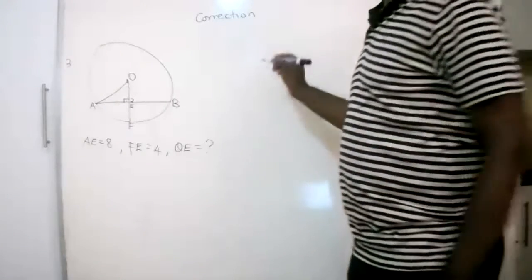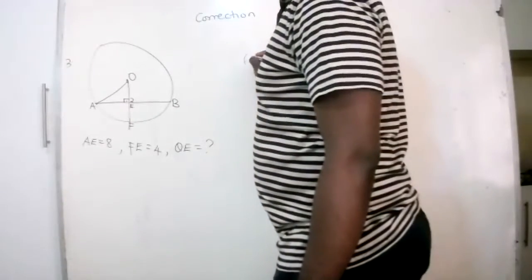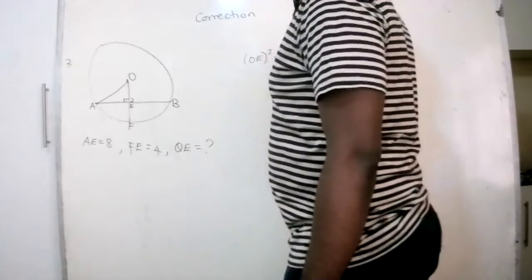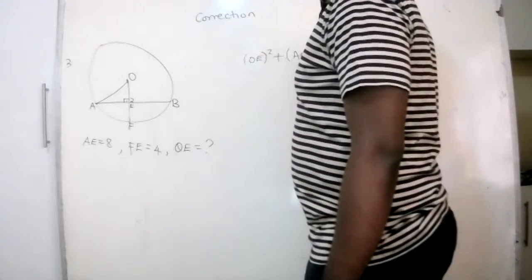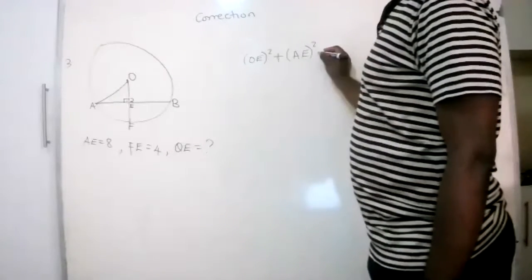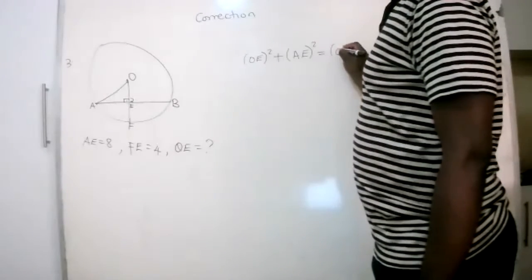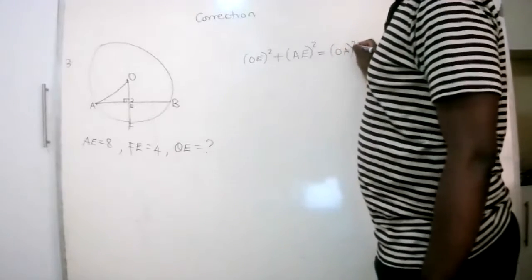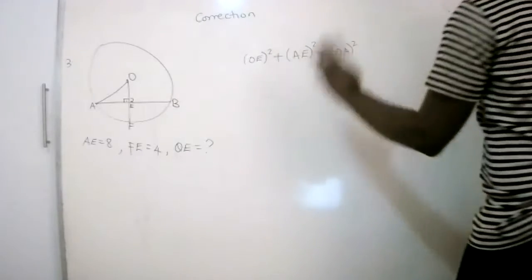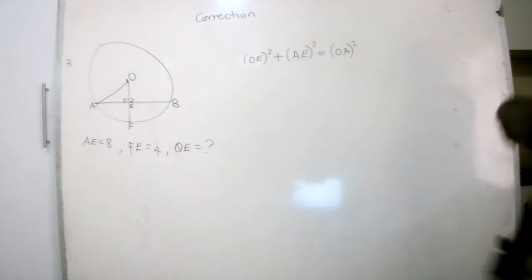OE squared plus AE squared is equal to OA squared. Very true. The order doesn't matter here, so you can write whichever way you like, it is the same.